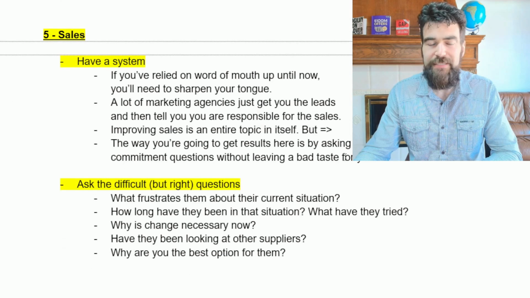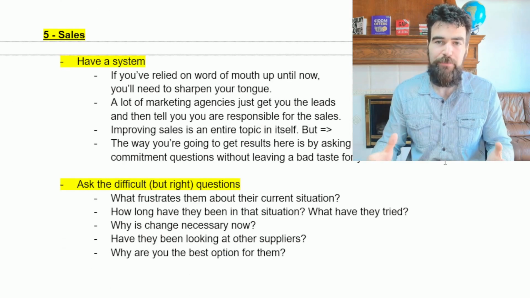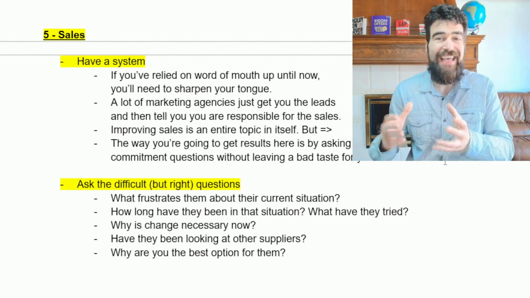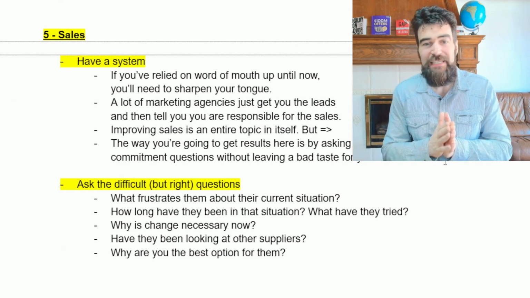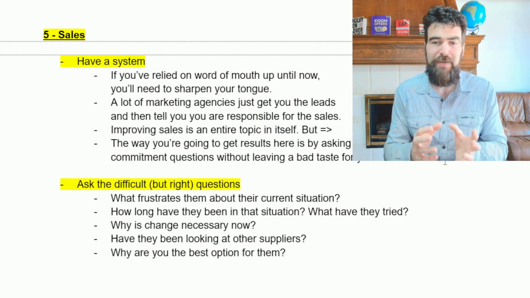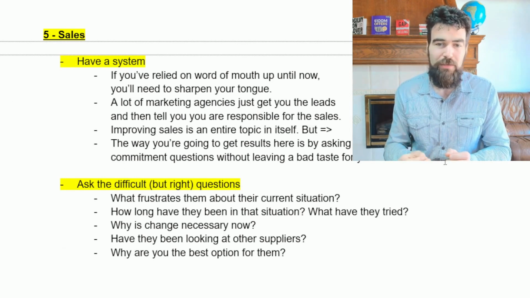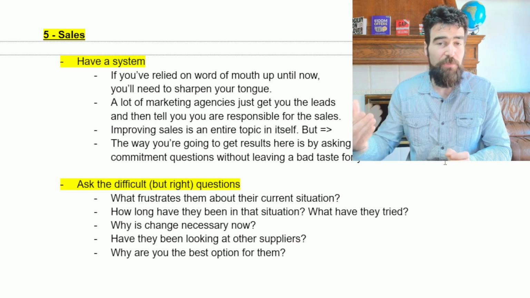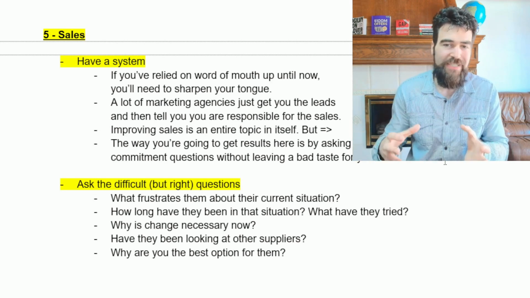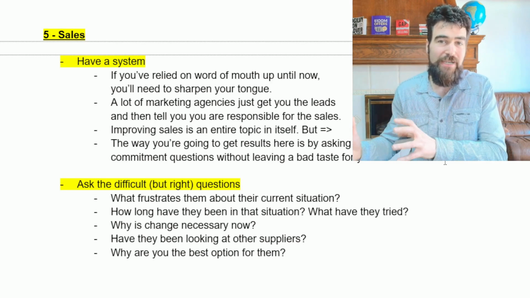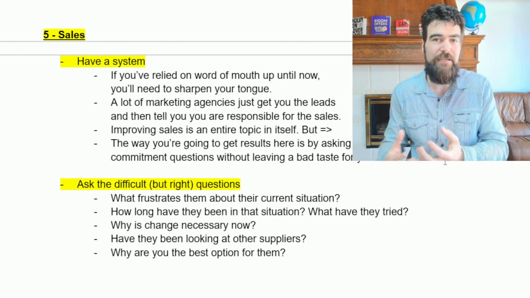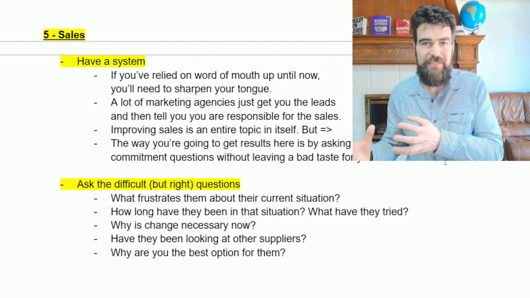The next part is the sales process, and the most important thing here is to just have a system. Especially if you've relied on word of mouth up until now, you'll need to sharpen your tongue. A lot of marketing agencies just get you the leads and then tell you that you are responsible for the sales, which is sort of justifiable on their end because they might see themselves as just a lead generation agency.